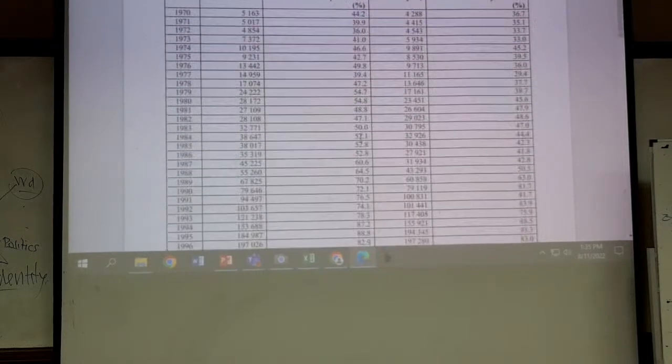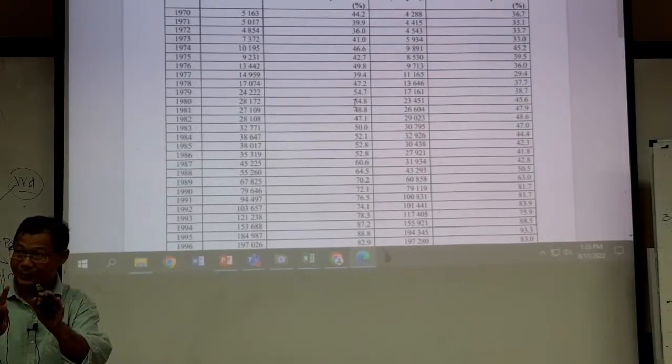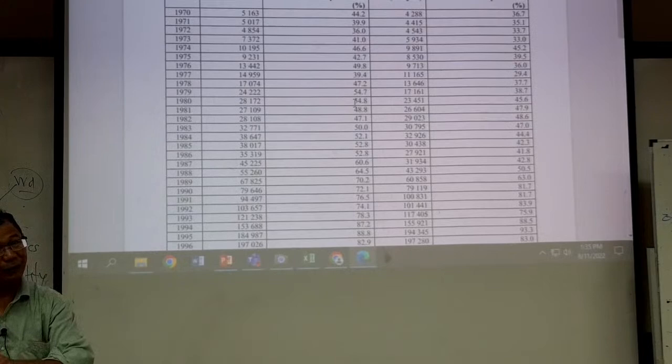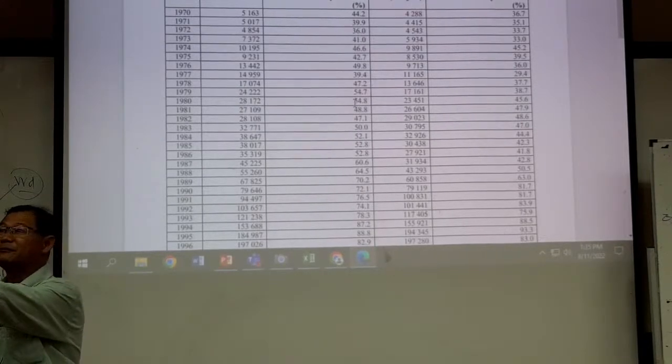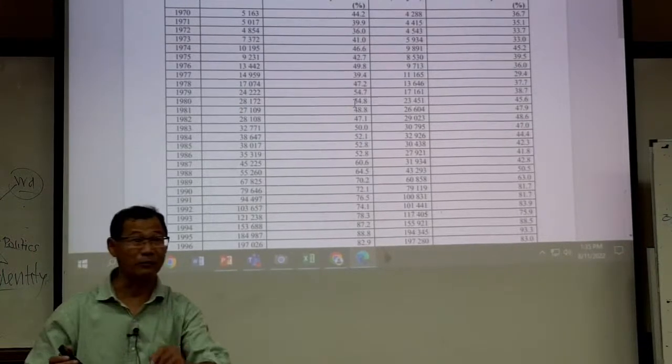This is Malaysia, export only, not total trade. Total trade is export plus import plus re-export. Singapore is very, very important for re-export.